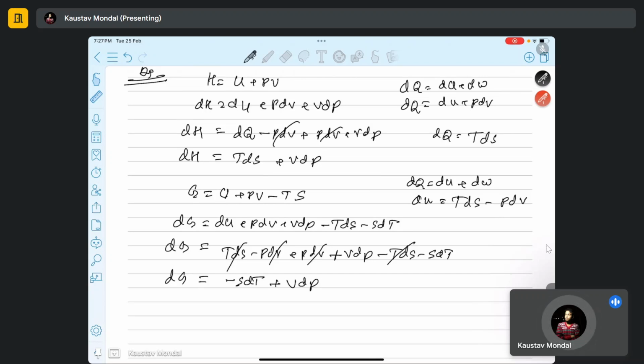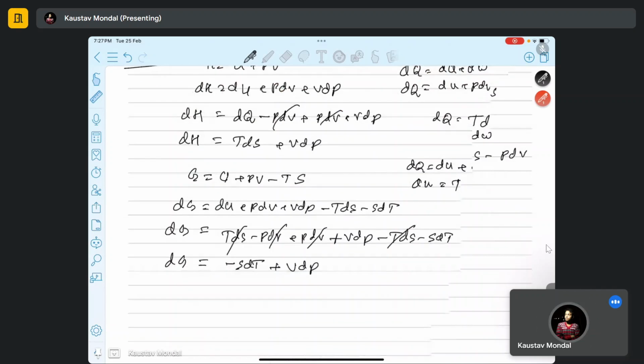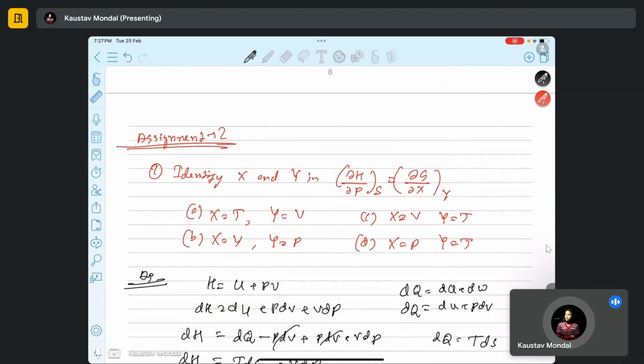Now we have to find out what x and y are in this derivative. How can you do that? In order to do that, first, this side everything is given.